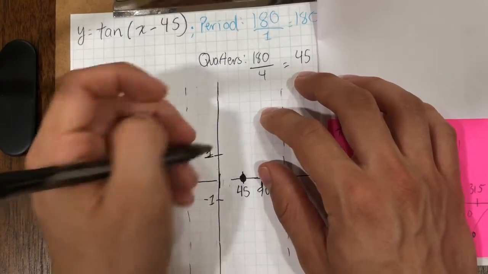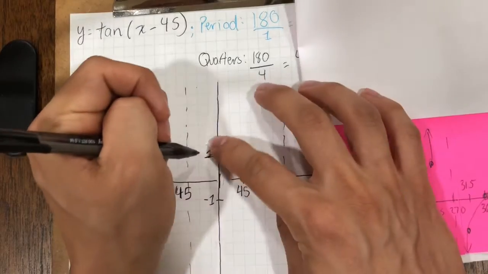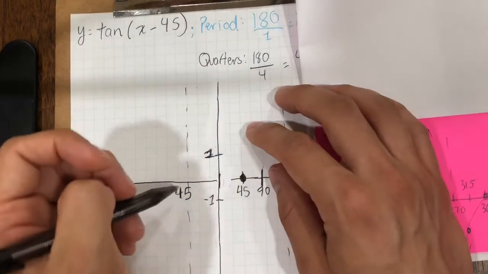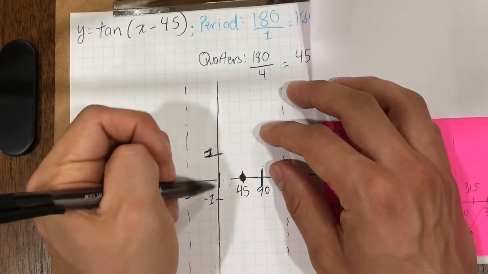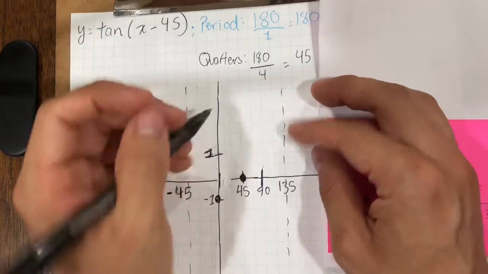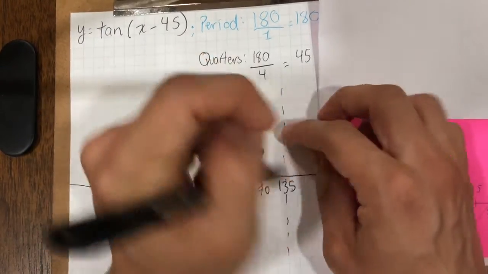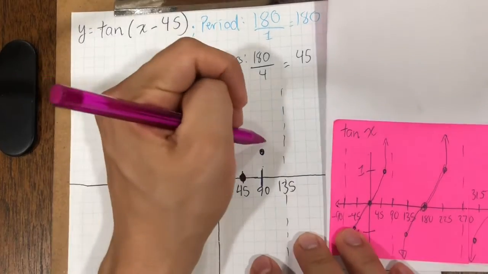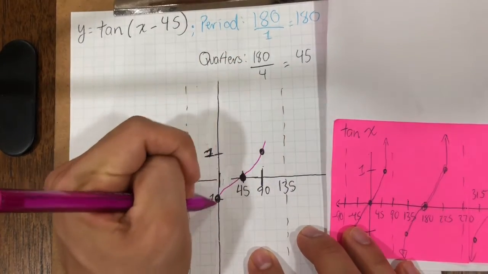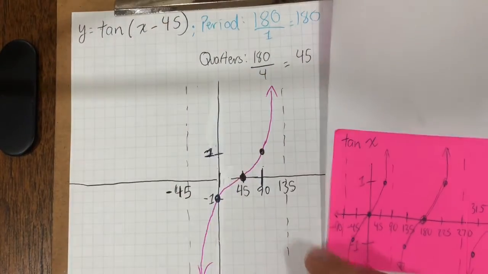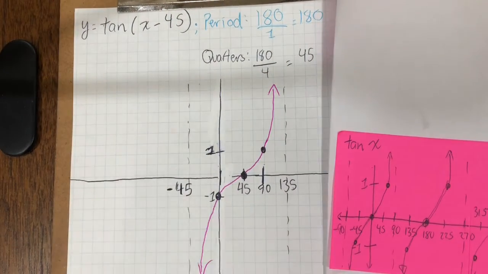All right, starting off at 0, I'm at the low point, 45 is already on the mid, and then 90 is at the high point. And then I connect my points, and I'm going to use a fuchsia looking pen, maybe pink, I don't know. And then we're going to connect the points and make our graph for the first one.